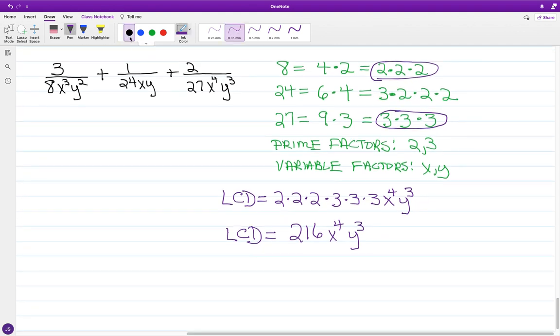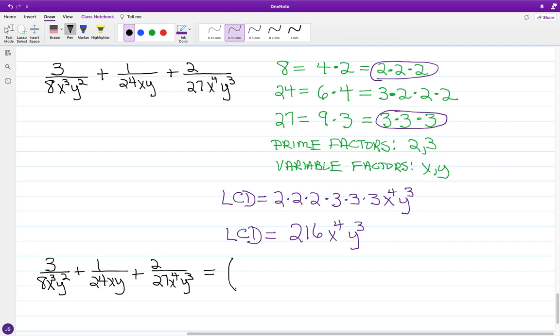So just taking what we have in the numbers and variables, each of these fractions will be raised.